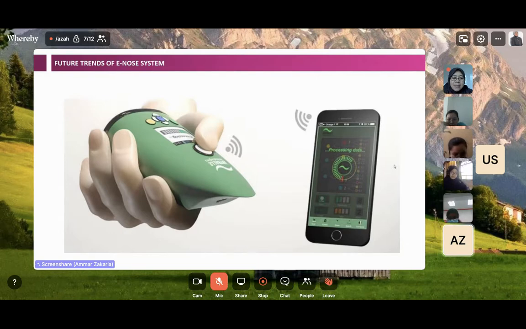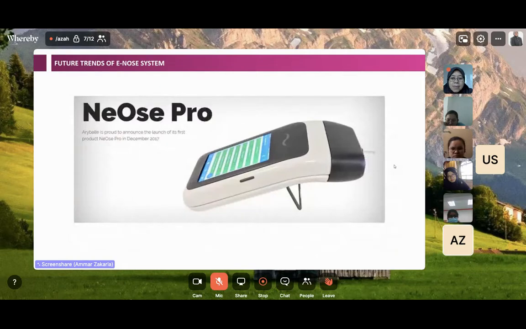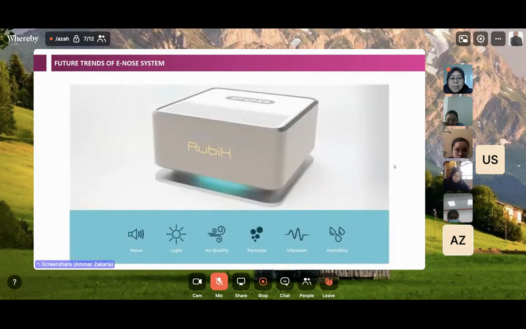If you Google around nowadays, there is a device used by dentists. They have started using Enos to detect gum infection and tooth disease. I think they are on the market already. These are examples of Enos, which is smaller and more convenient as well.